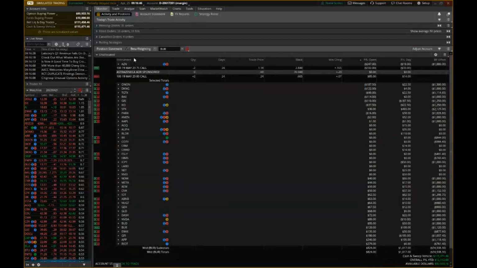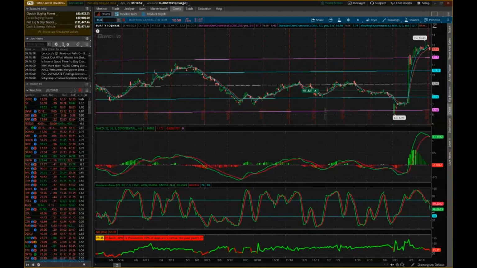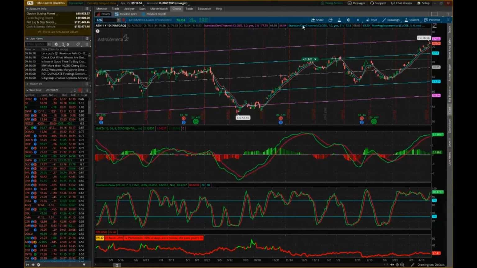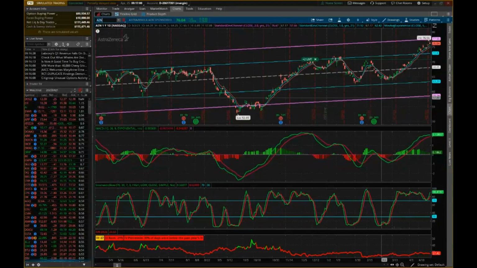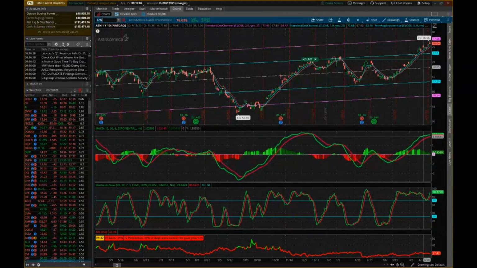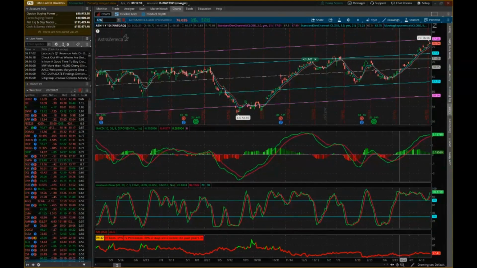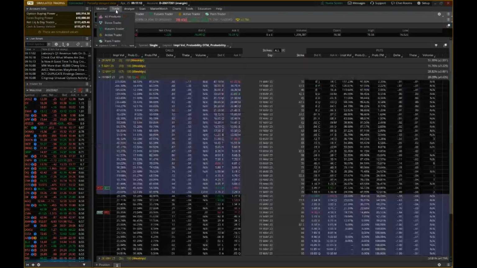Okay. So AZN, we're short 2 contracts on the 75 call. Alright, so yeah, it's $1.04 in the money. With the MACD looking like that, the stochastic up here, I'm pretty comfortable rolling this.